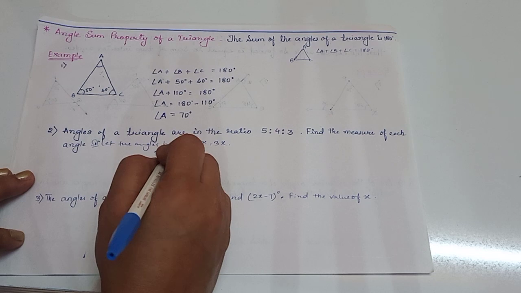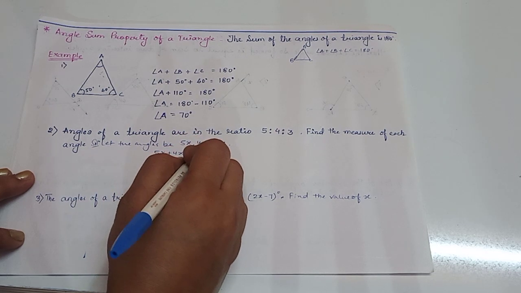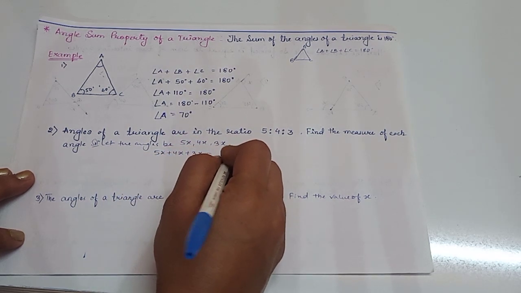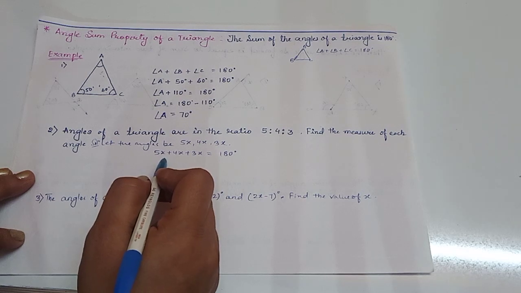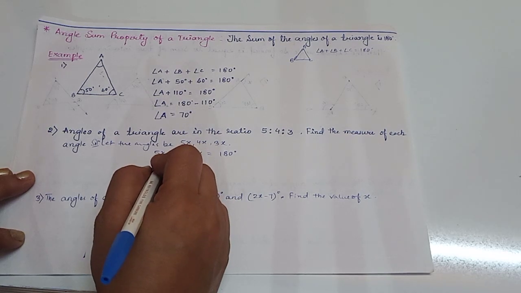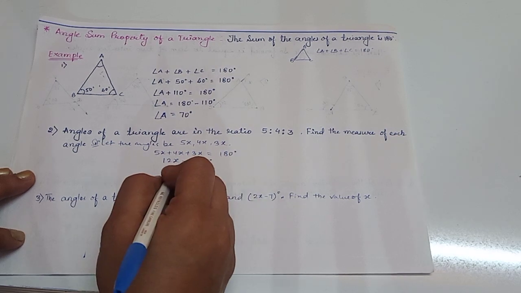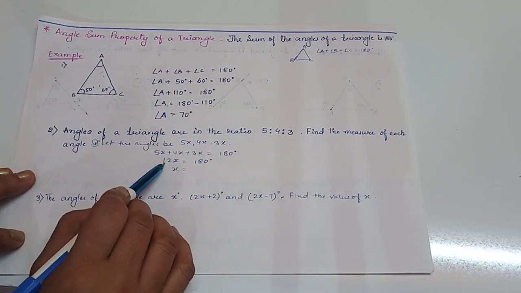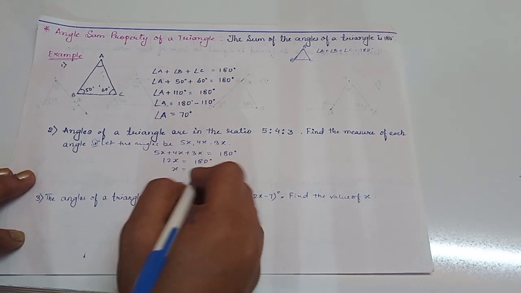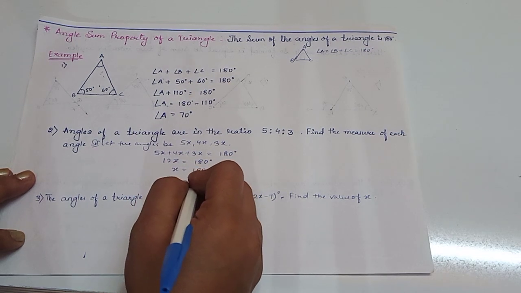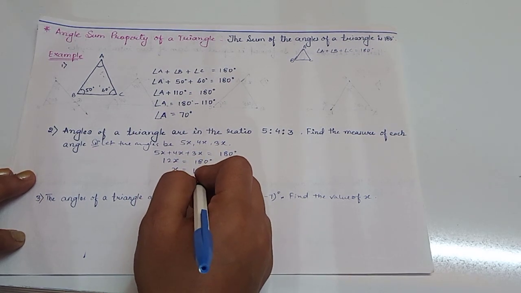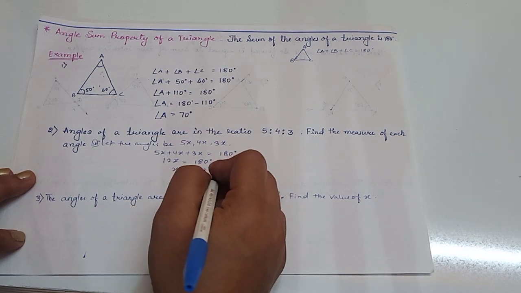So 5x plus 4x plus 3x should be equal to 180 degrees. Now we'll add it and we'll get 12x is equal to 180 degrees. And x value we can find from here. The 12 in multiplication will come to the other side and it will divide. So here 180 by 12, which will give us 15.